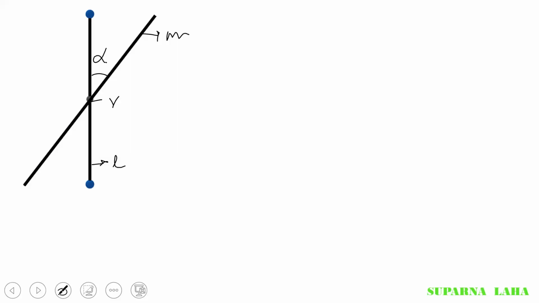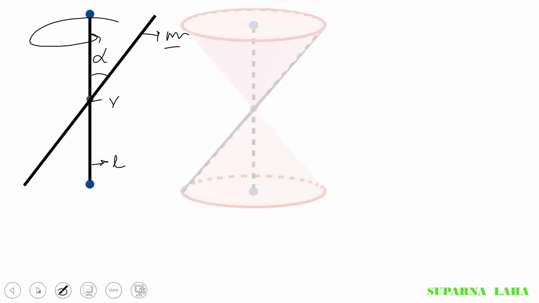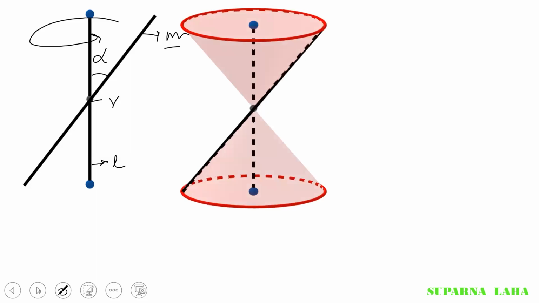Now rotate this line M in this direction, so it will form a double napped right circular cone. When this line M rotates about this line L, it forms a double napped right circular cone.